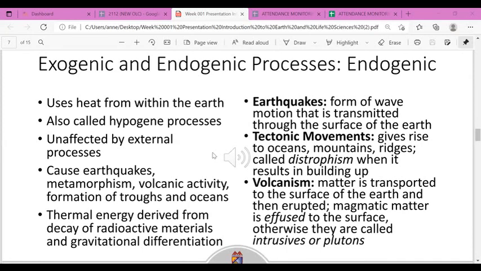Okay, from the word itself, volcano, no, the matter is transported to the surface of the earth and then erupted. Then the magma matter effused to the surface and then it is now called extrusive.